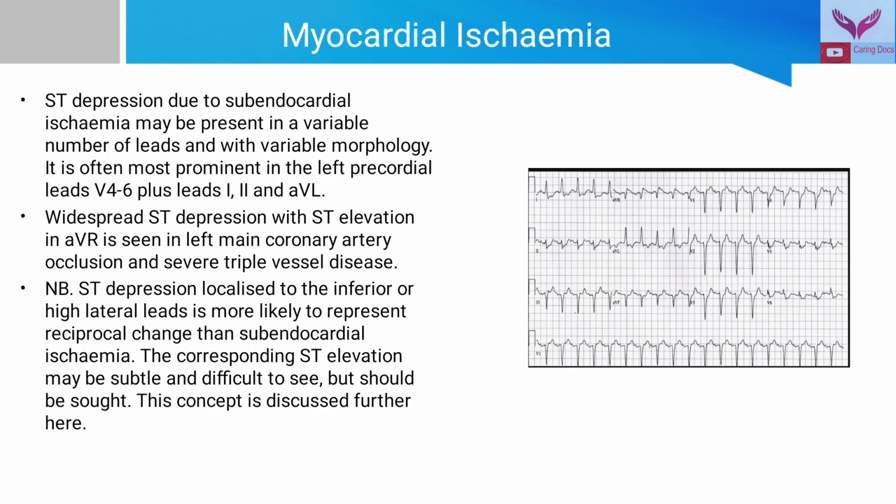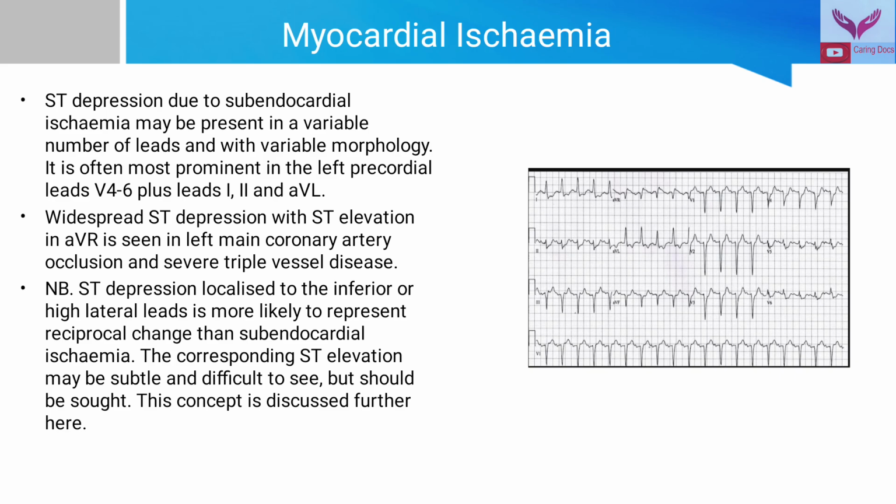In myocardial ischemia, ST depression due to subendocardial ischemia may be present in a variable number of leads and with variable morphology. It is often most prominent in the left precordial leads, that is V4 to V6, plus leads 1, 2, and aVL. Widespread ST depression with ST elevation in aVR is seen in left main coronary artery occlusion and severe triple vessel disease.